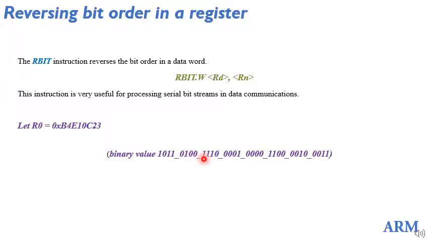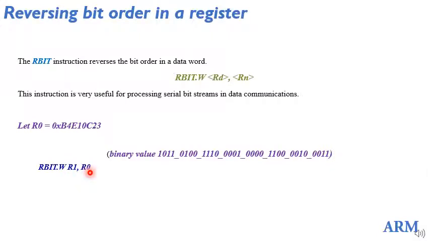E is 1110, that is 14. 1 is 0001. Next one is 0. C is 1100, that is 12. 2 is 0010 and 3 is 0011. So you can see each hex digit corresponds to 4 bits in binary, and I have placed these underscores just for readability.